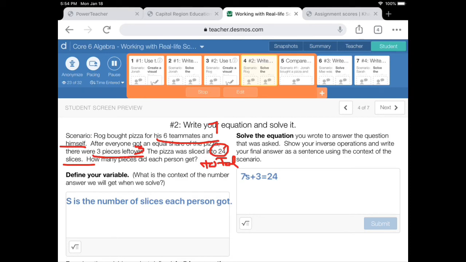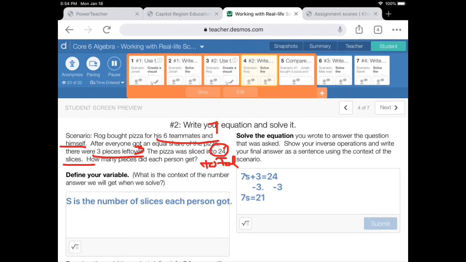And then we have to get rid of the 7 in front of the S. We know that that's being multiplied, so we're going to divide by 7, and do that on the other side too. Divide by 7. And then we get S equals 21 divided by 7, which is 3. So what does S equals 3 mean?